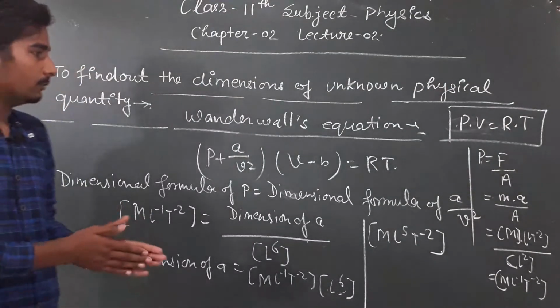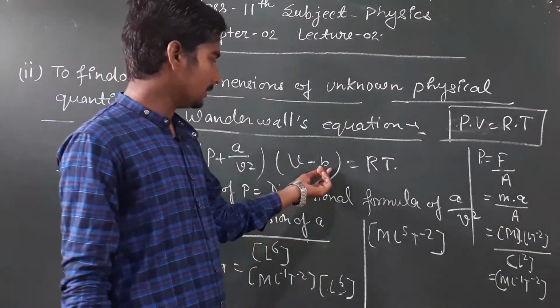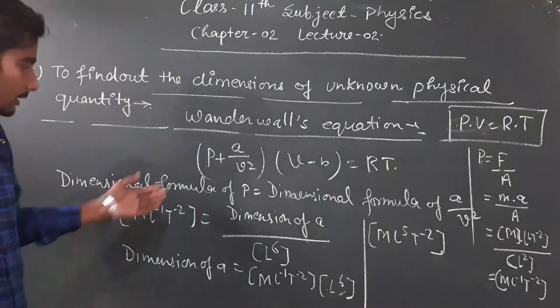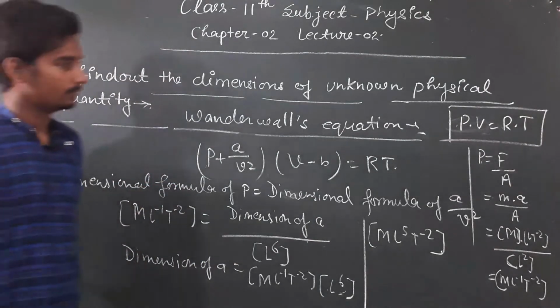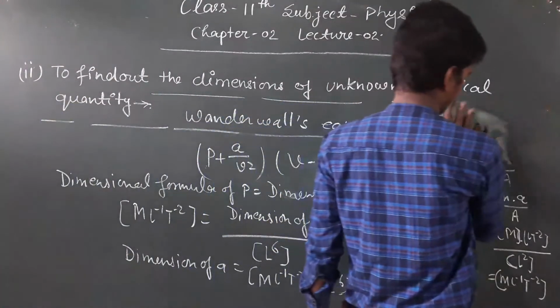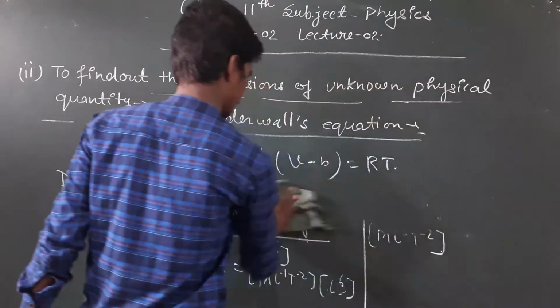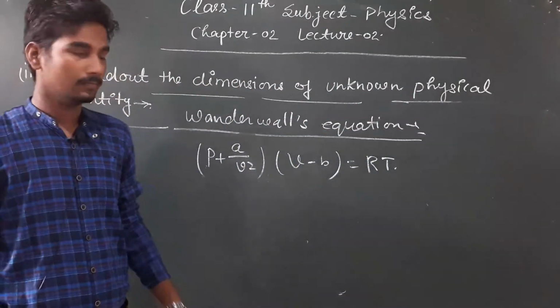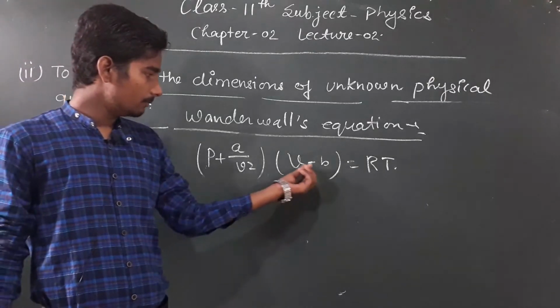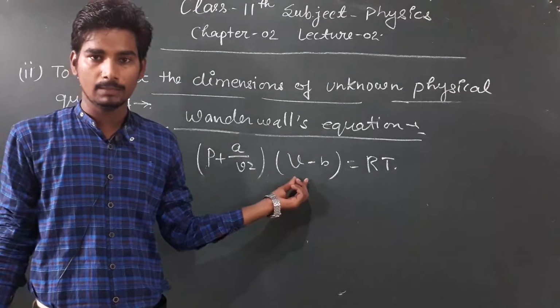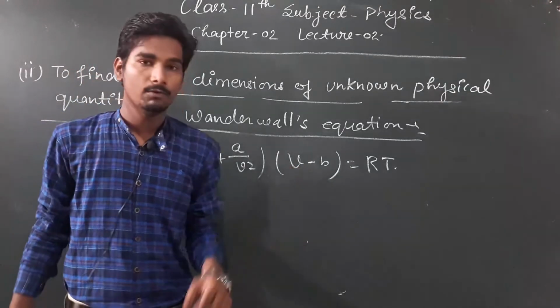Now we have to find the dimensions of the other quantity, that is B. Just note it down. As we can see, B is subtracted from capital V, where capital V is volume.